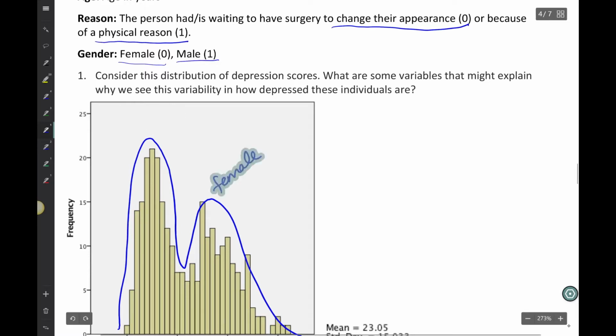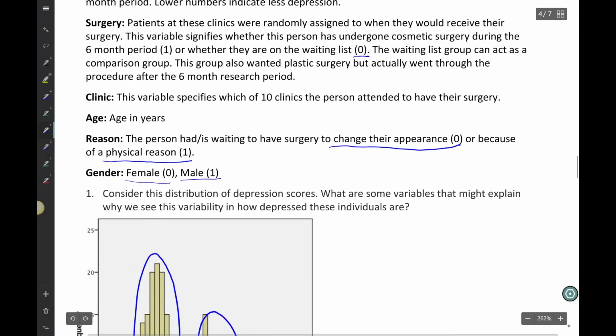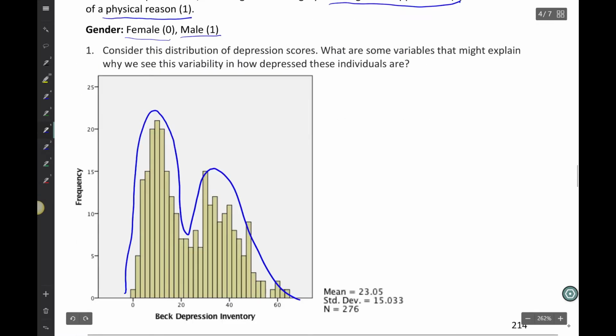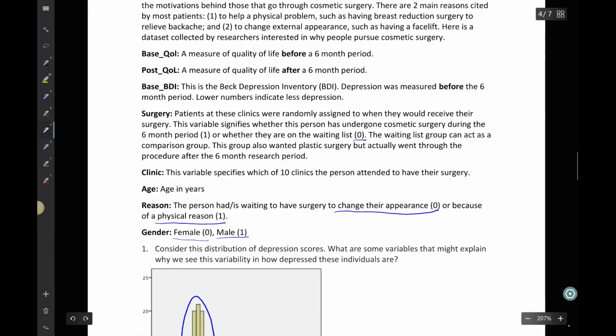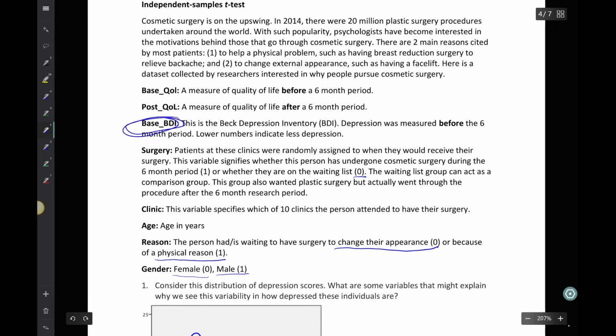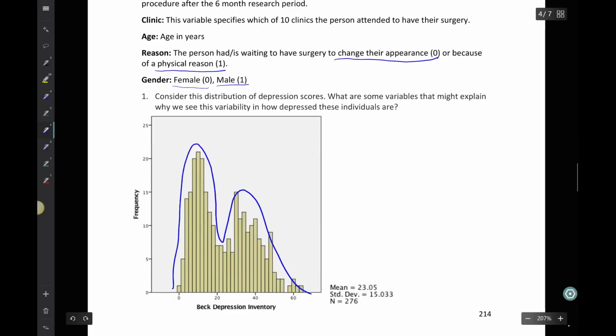Maybe it has something to do with their age. Maybe it has something to do with whether they had the surgery or not. Oh, but keep in mind, this is the base level. I'm pretty sure this is the base BDI. Yeah. So this is before anybody had surgery.